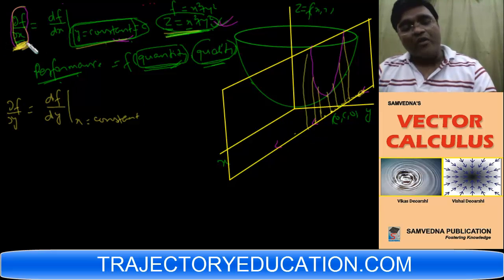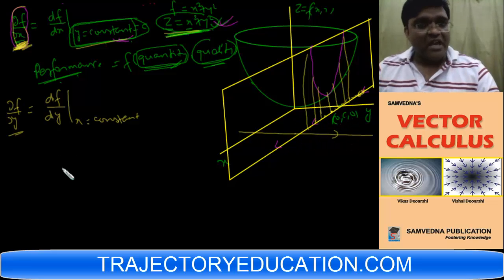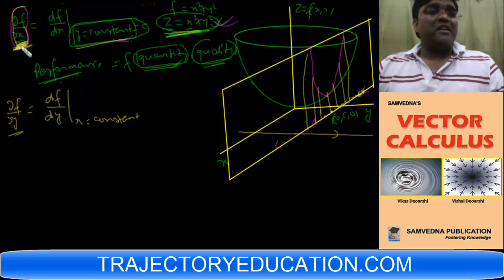When you are moving in the direction parallel to the x-axis, this gives you an idea how f is changing. When you are moving parallel to the y-axis, this gives you a good idea how f is changing. So these are also very special kinds of partial derivatives. They are very special kinds of directional derivative.